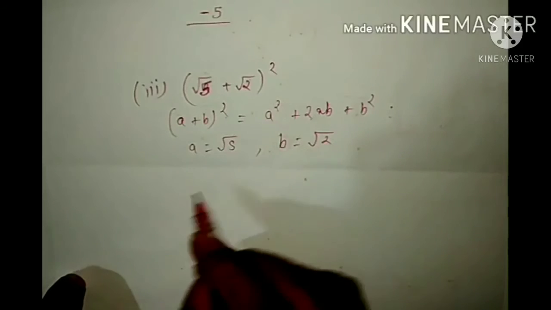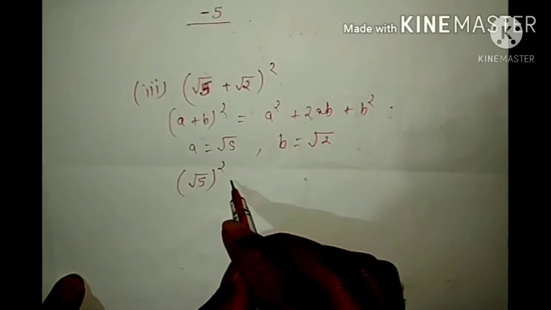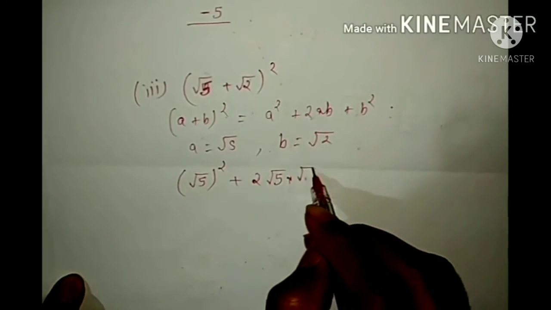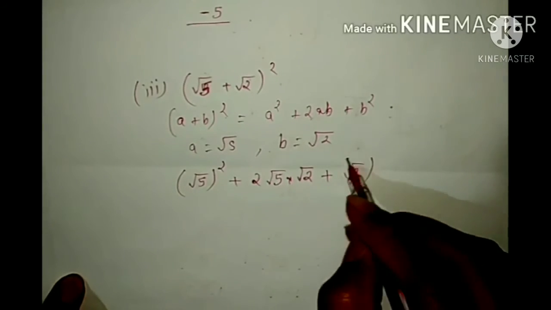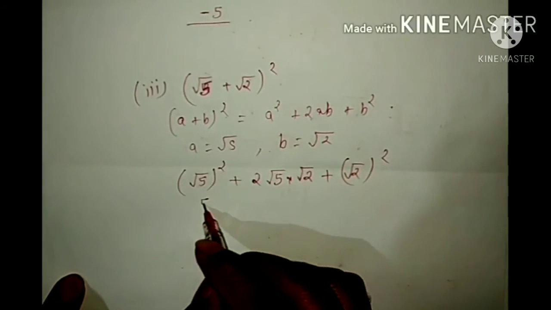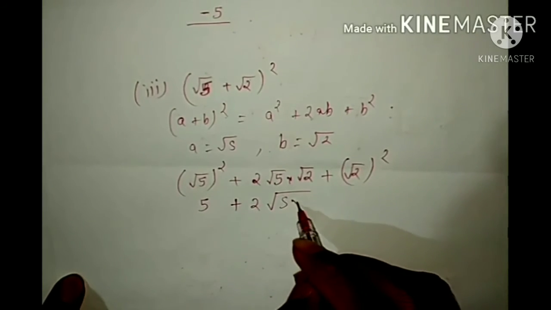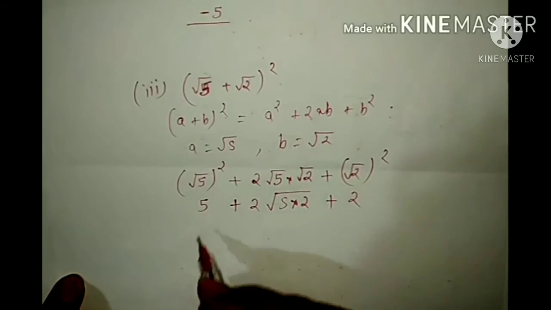Now solve this. This will become a square, that means root 5 square plus 2 into root 5 into root 2 plus root 2 square. Root 5 square is 5 plus 2 into, write them together, 5 into 2 plus 2.